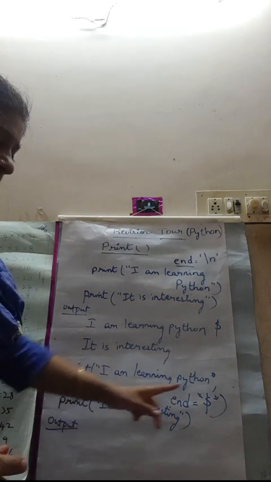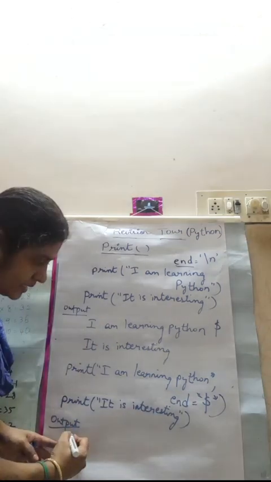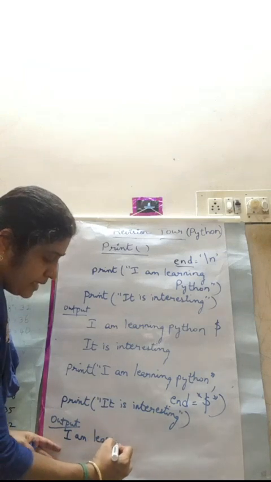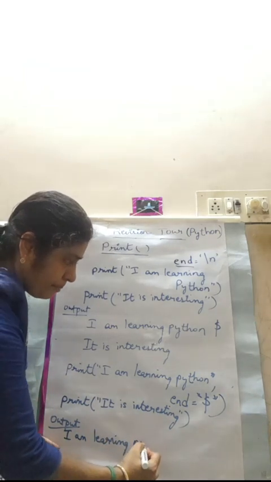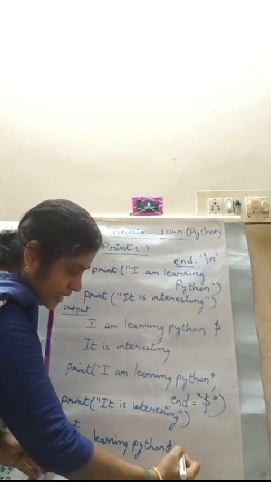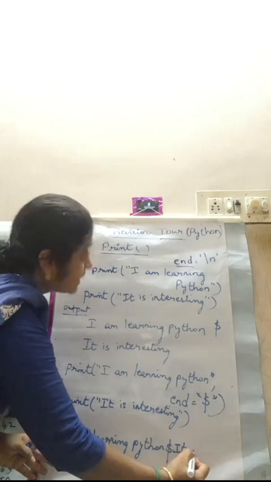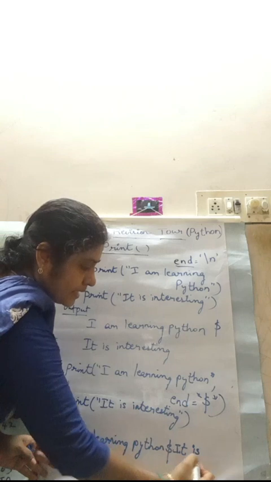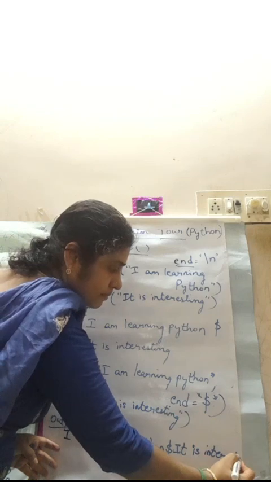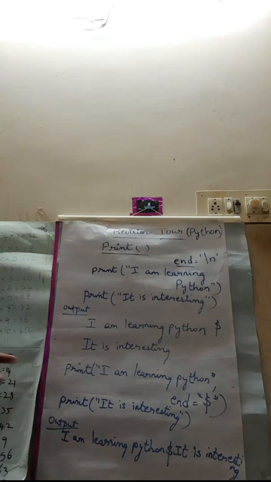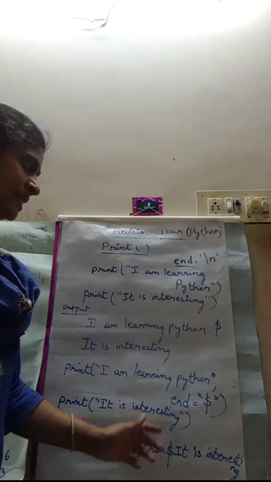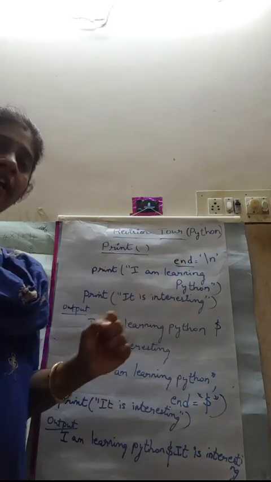These two messages are separated by dollar. You will get I am learning Python, then dollar, and then the next statement, it is interesting. So you will get it like this, separated by dollar. This is how the end argument works in print.